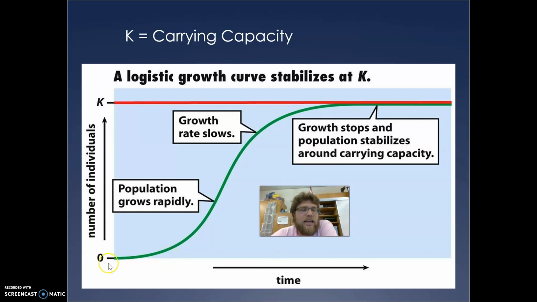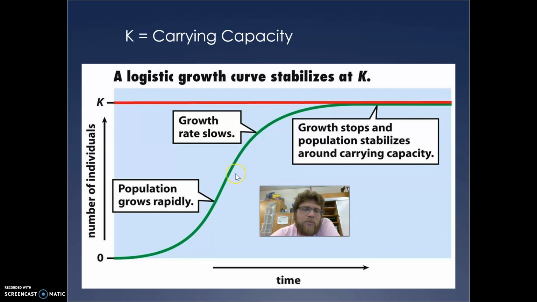You'll see that often as a K. So again, lag phase, rapid population growth, and then that growth rate slows as there's more competition, resources start running out, and you have this flattening where a population kind of reaches this balance between number of organisms and what resources they can acquire in the environment.